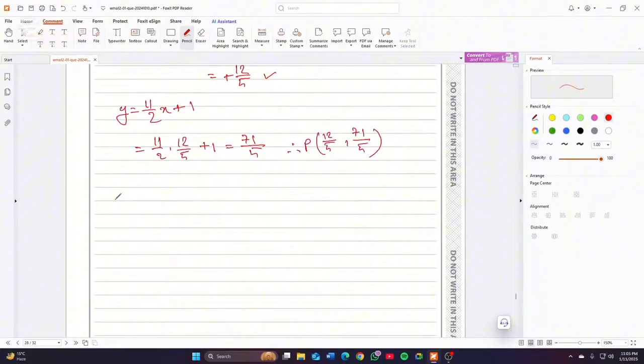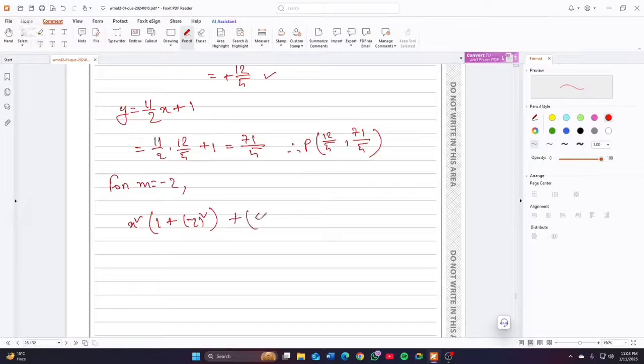Again we have to do the same thing for m equals minus 2, and if you put the value for m here, 1 plus minus 2 square plus, was it plus?